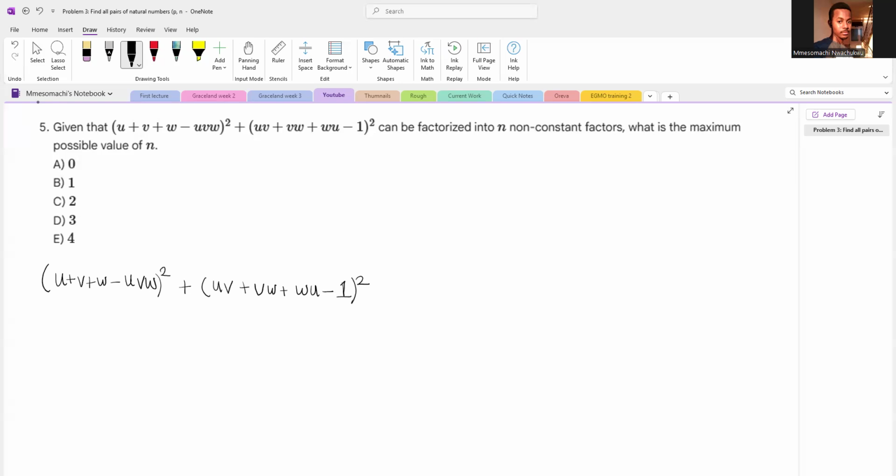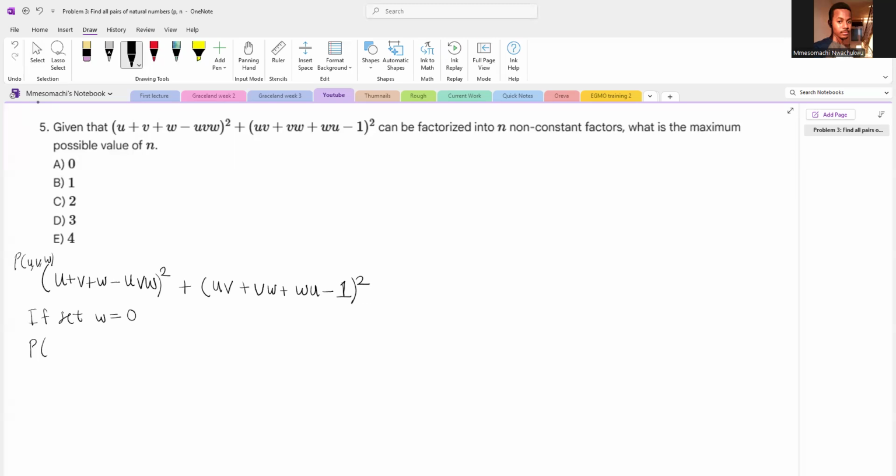So if we set w to 0, what does this expression give us? Let me call this expression P(u, v, w). So we set w to 0.